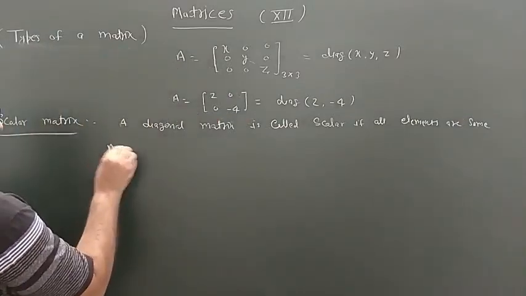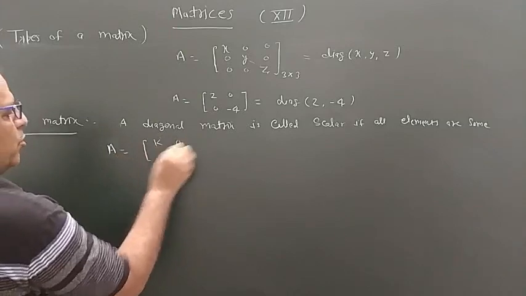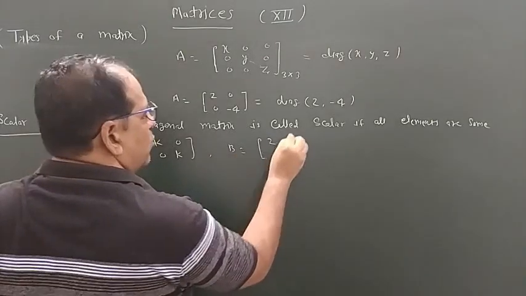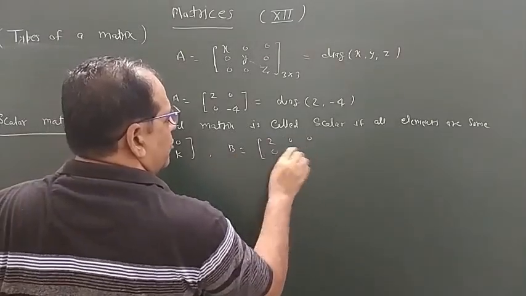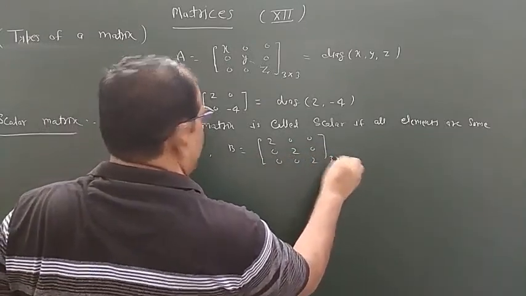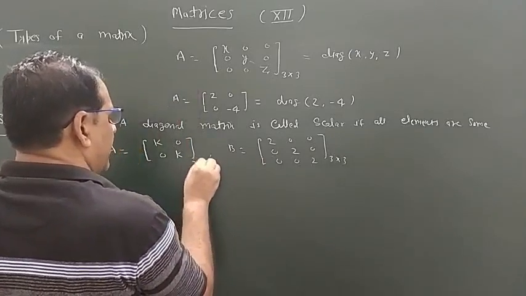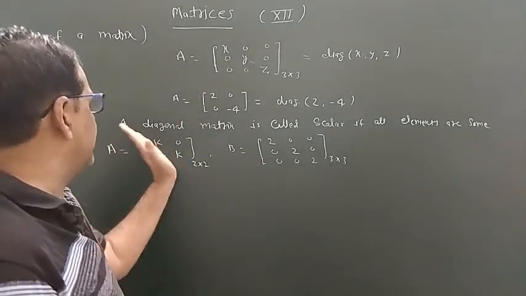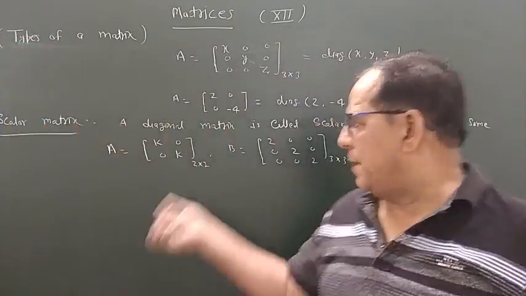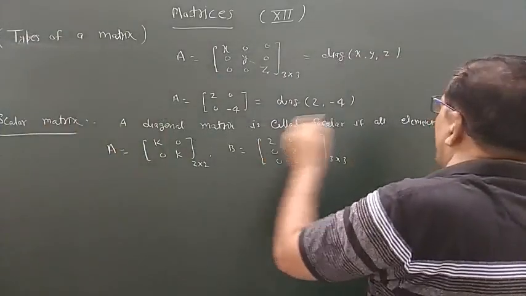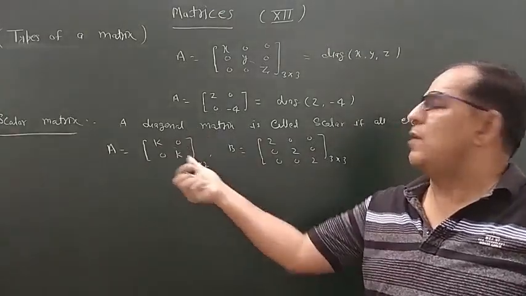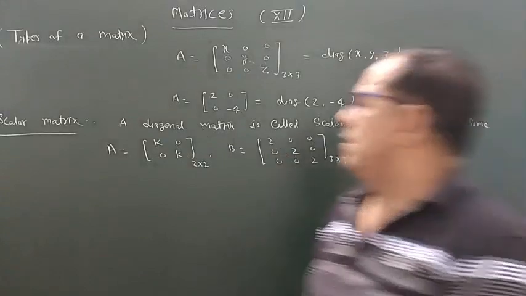For example, A equal to k 0 0 k. Another example, B equal to 2 0 0, 0 2 0, 0 0 2 of 3 by 3. These are examples of square matrices in which the main diagonal has the same element and the remaining elements are 0. So the scalar matrix is the diagonal matrix whose diagonal elements are all the same. This is the example of a scalar matrix.